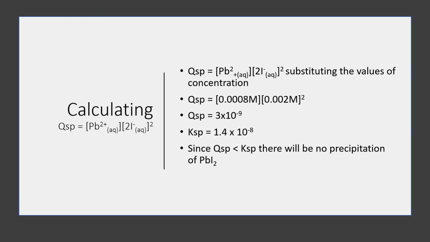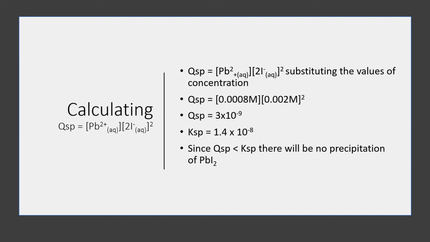Here we can substitute the values of lead ions and iodide ions and then calculate the value of QSP. Substituting the numbers, for lead we just calculated in the previous slide 0.0008 moles per liter, and for the iodide you have 0.002 moles per liter.